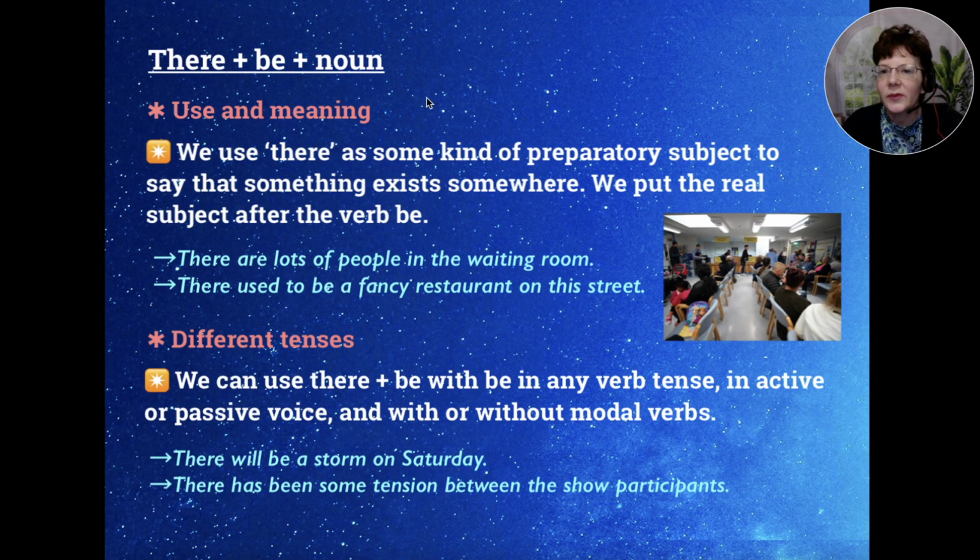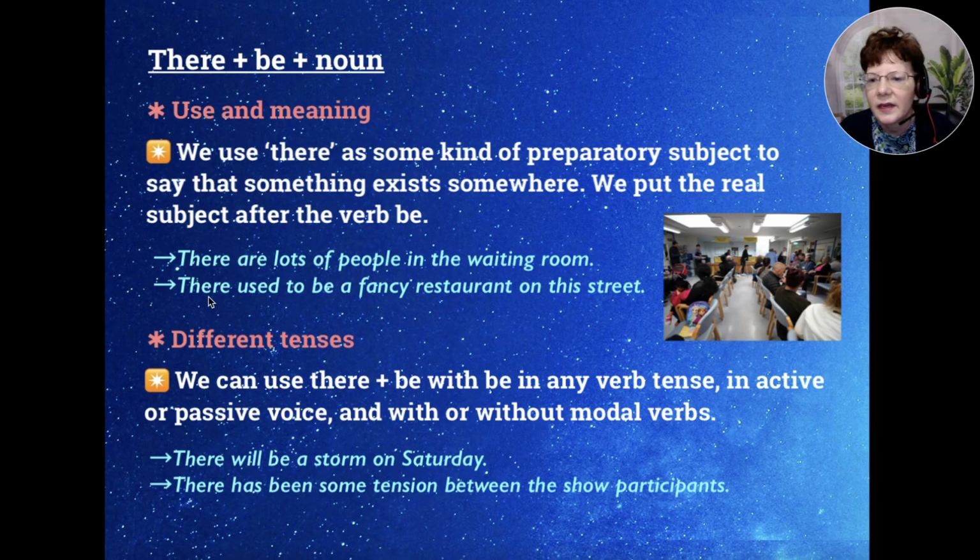Okay, we have there plus be plus a noun. Let's talk about its use and meaning. We use there as some kind of preparatory subject to say that something exists somewhere. We put the real subject after the verb be. So, for example, there are lots of people in the waiting room.